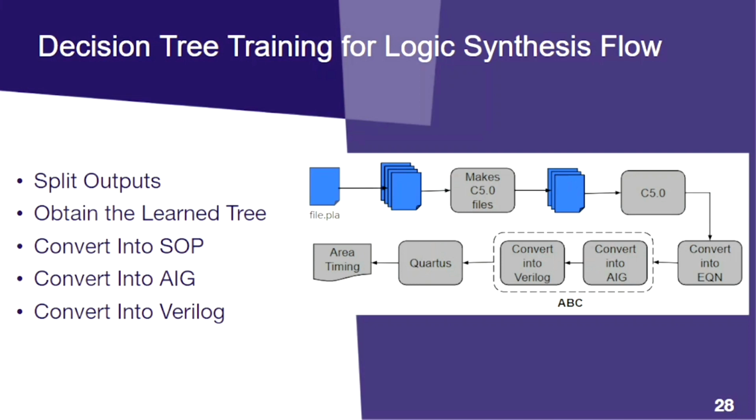But we need this AIG intermediate format because some of the values of the results that we have to extract for the final comparison are made at this format. So if we didn't need these results for comparison, we could convert the EQN to Verilog directly, not being necessary to go through this intermediate format AIG.